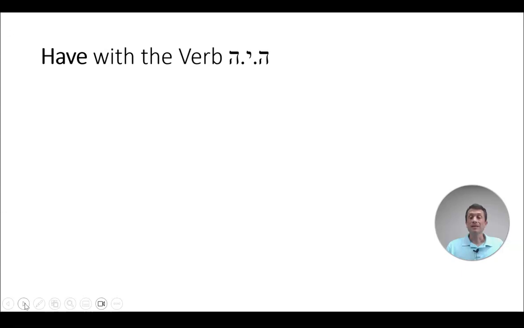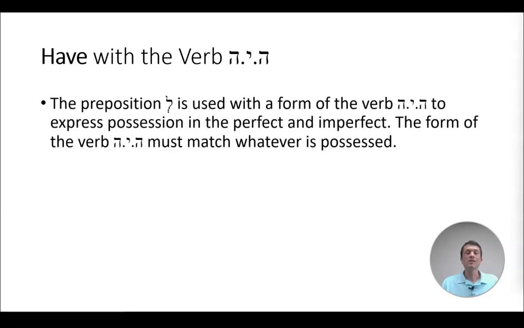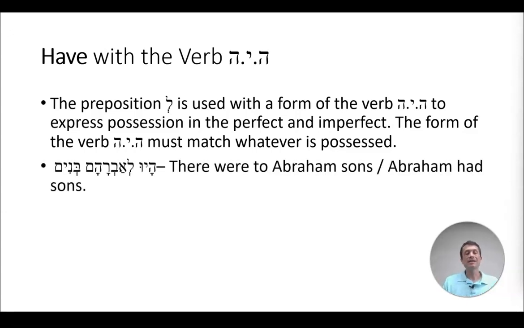All right. The other way you can communicate the idea have is with the verb haya. So the preposition lamed is used with the form of the verb haya to express possession in the perfect and the imperfect. The form of the verb must match whatever is possessed. So here's an example. Hayu le'Avraham banim.